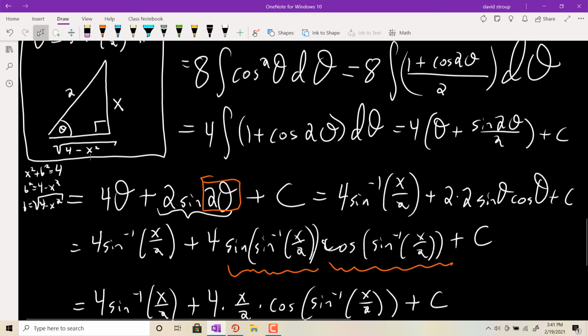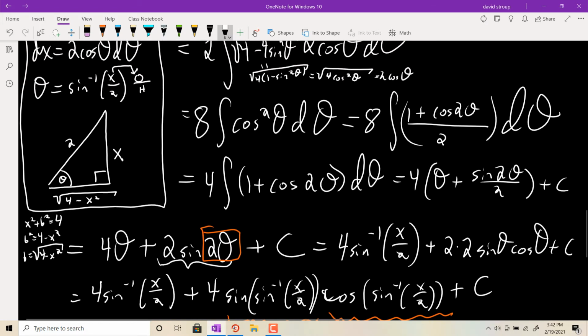Okay, so what? Well, for either identity, first off, the sine of sine inverse of x over 2, you could use this triangle to figure that out. The thing inside of it is the angle in that right triangle. This thing right here is going to be your theta in this right triangle. So the sine of that angle is just opposite over hypotenuse, and the opposite is x and the hypotenuse is 2.